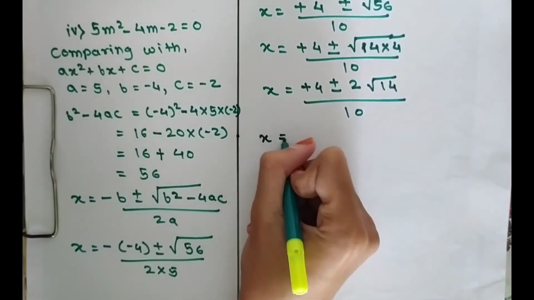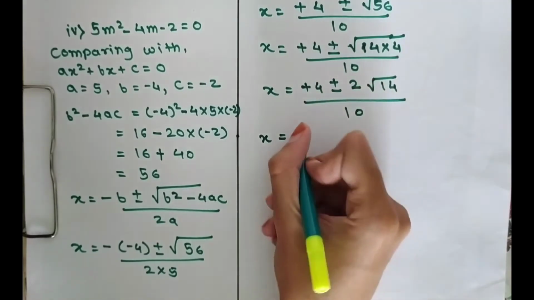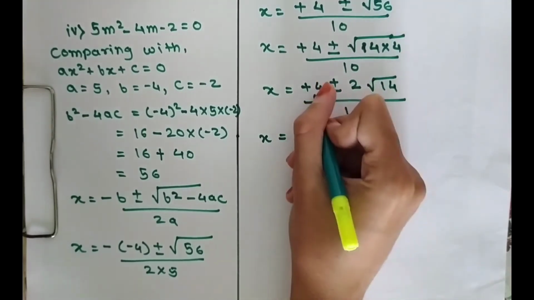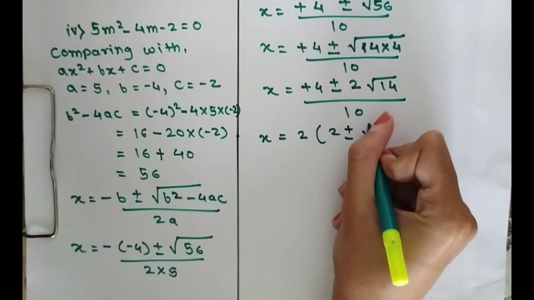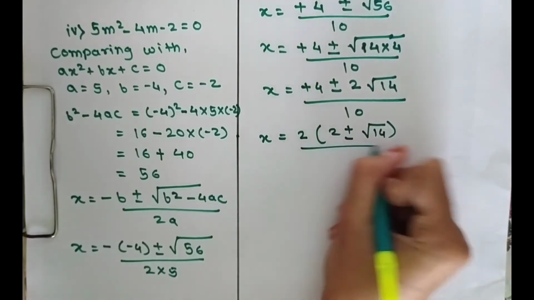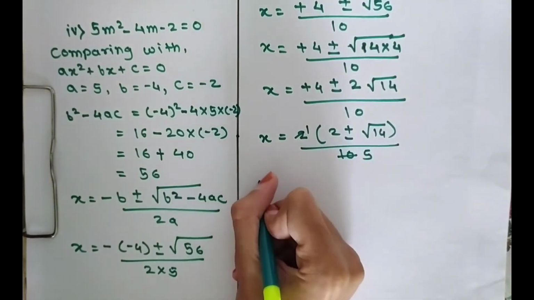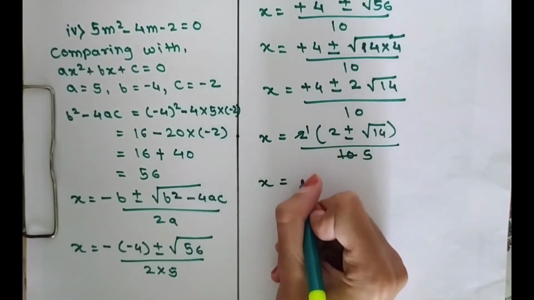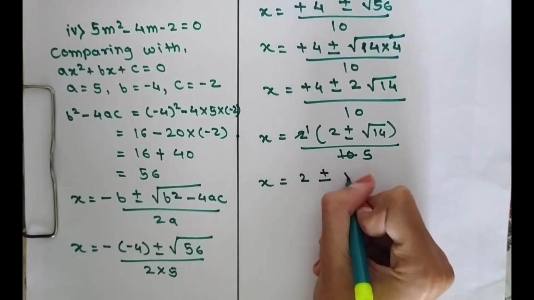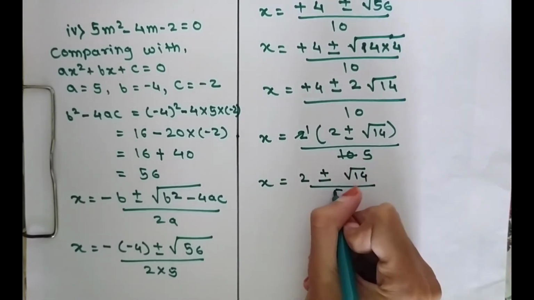Now here 2 gets common, na? So 2 in bracket, 2 plus or minus root 14 upon 10. Now 2 1s are 2, 2 5s are 10. So x is equal to 2 plus or minus root 14 upon 5.